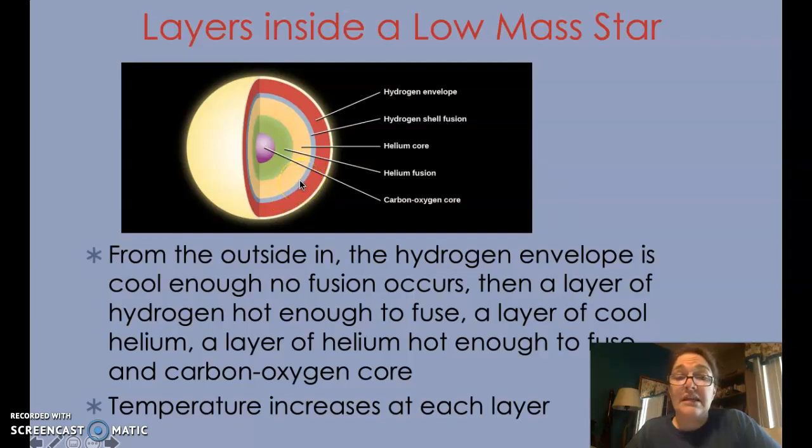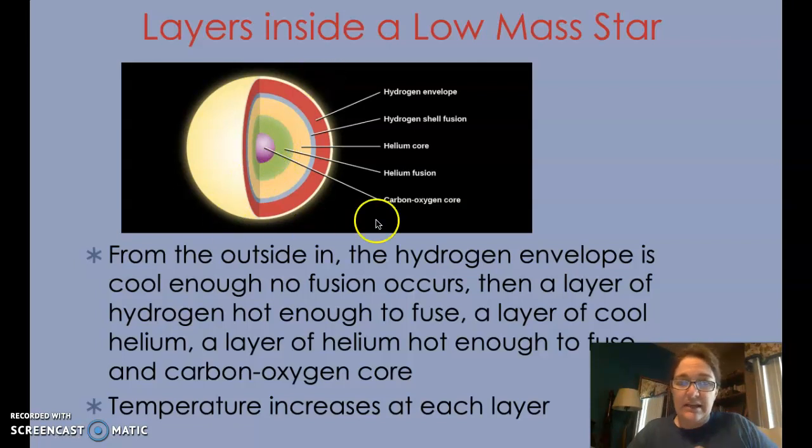It fuses into helium, and those helium molecules are more dense, so they get pulled more strongly by the gravitational pull of the star, and so they drop into the helium core, where helium is just hanging out, but it's pulling down and then eventually ends up in a helium core shell where there's helium fusion occurring.